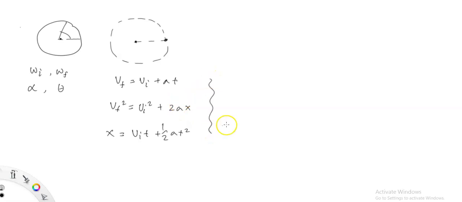All these have rotational counterparts. V final, omega final, acceleration alpha, angular acceleration. Omega final squared equals omega initial squared plus 2 times alpha times distance. What's the rotational counterpart for distance?